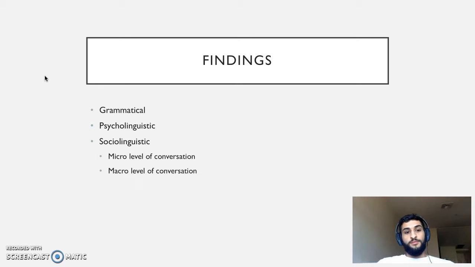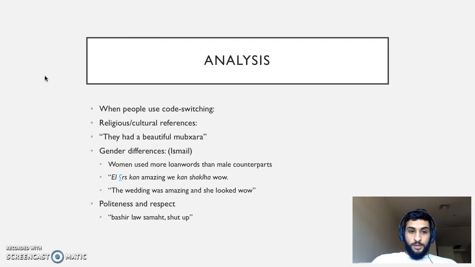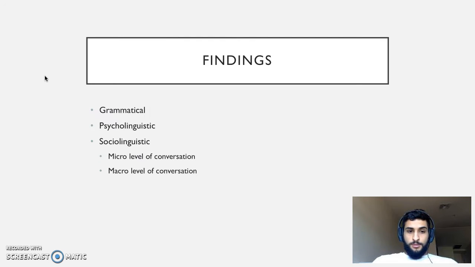The macro level of conversation, which is actually sort of a taboo from where I come from, is to not code switch within larger interactional communities, because generally we'd want to focus on speaking one language, which is Arabic. But it is also possible to use macro level conversation within larger speech communities, so it's not that frowned upon.